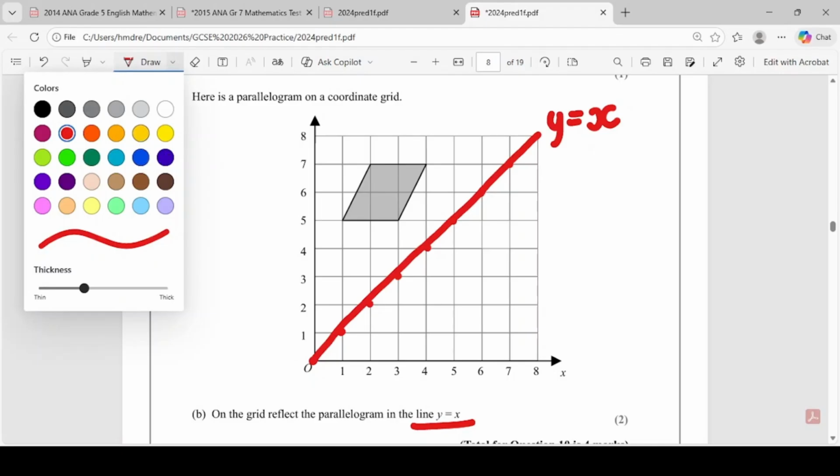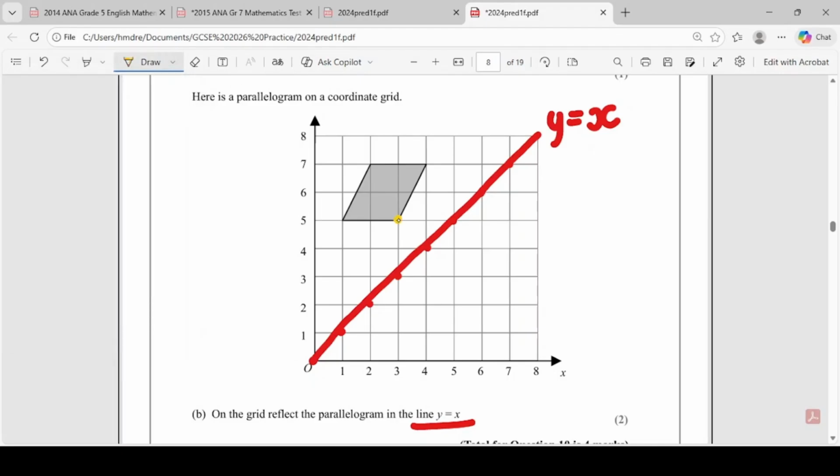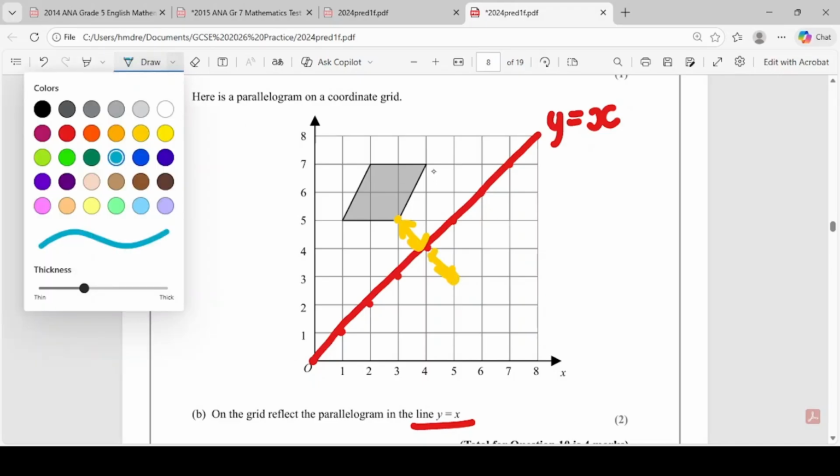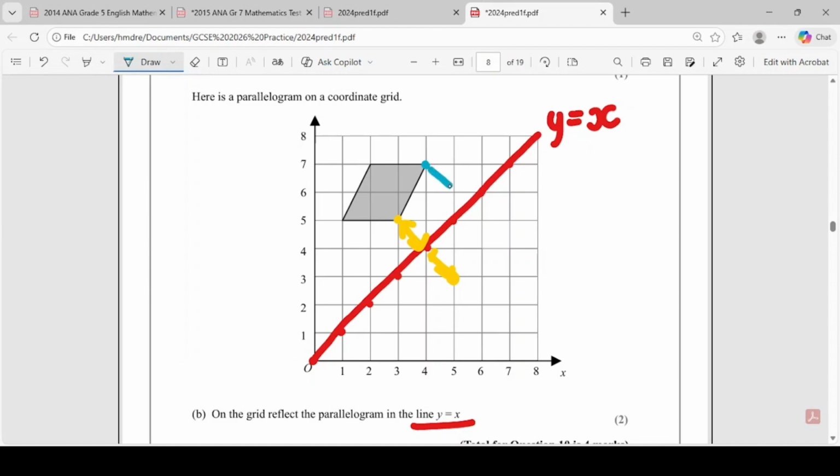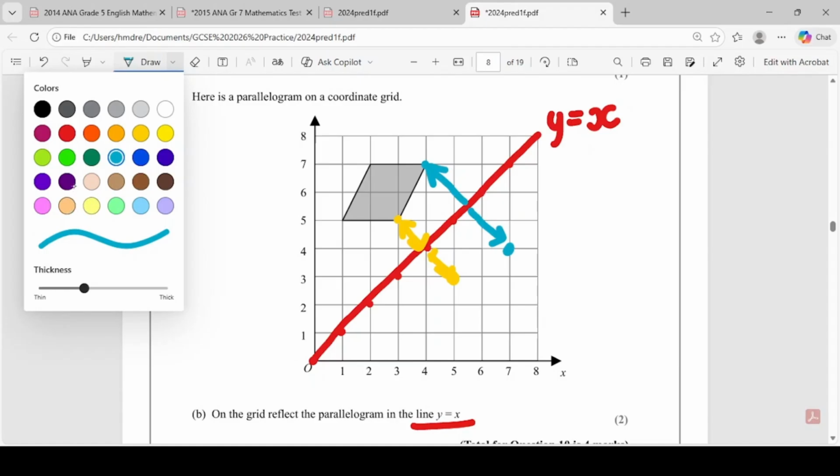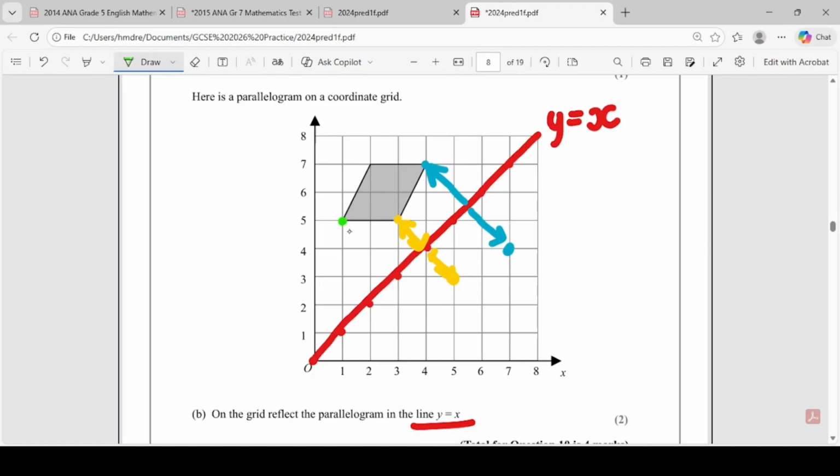We just reflect each point. So I'm going to say this corner here, it was a gap of 1. So on the side, it's going to be a gap of 1 to that corner. This corner here was 1.5, 1.5, and there it is. You just reflect the points over this mirror. This corner here, 1, almost.